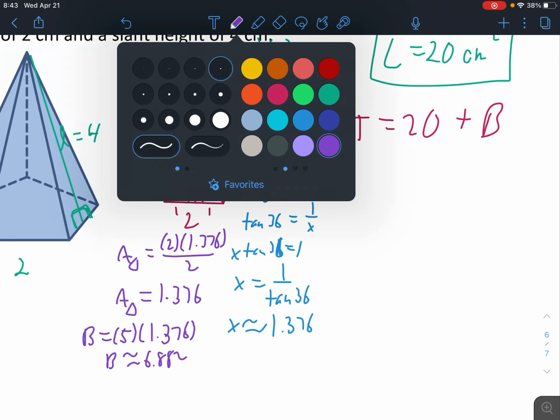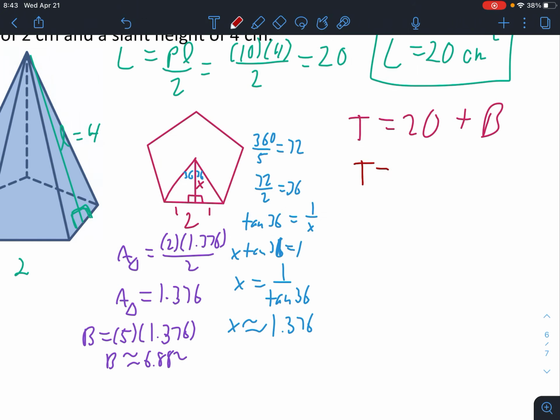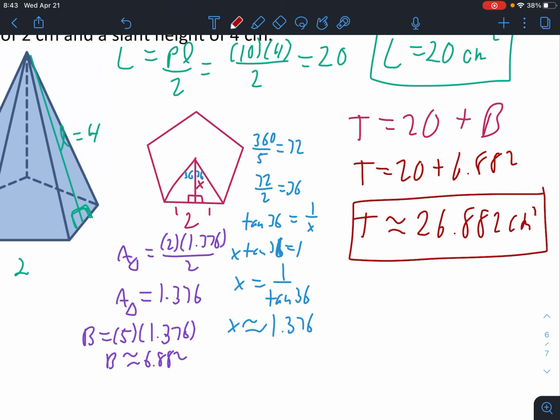So back over here, our total area is 20 plus 6.882, which is 26.882 square centimeters.